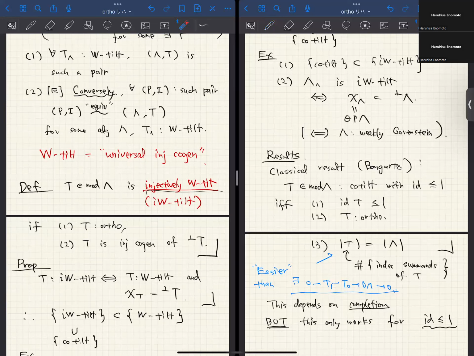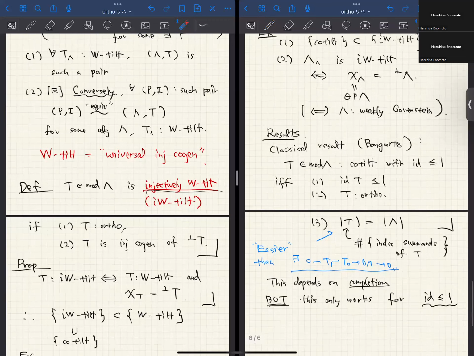There are counterexamples with injective dimension greater than or equal to 2, such that a partial cotilting module cannot be completed to a cotilting module. There exists a counterexample.